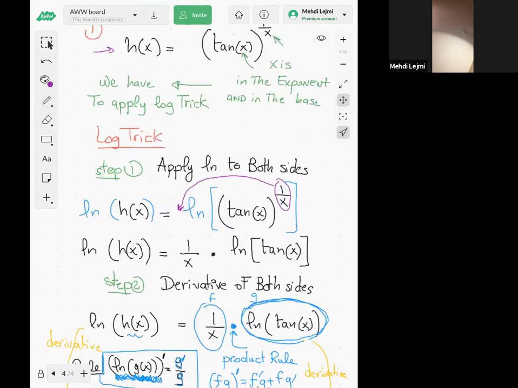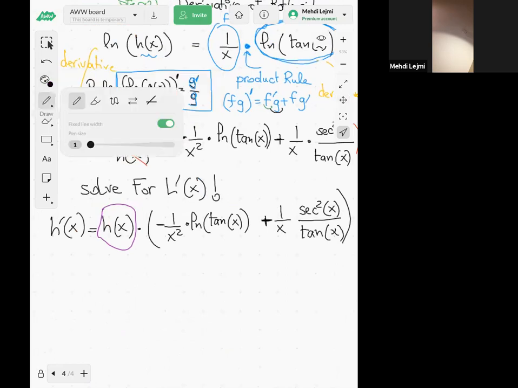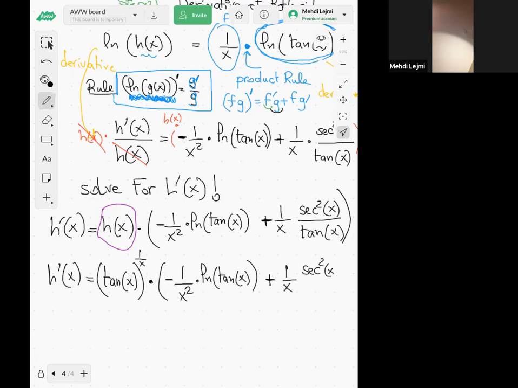So then my h prime of x is the tangent of x to the power 1 over x, that's my original function, times this whole thing here: minus 1 over x squared times the natural log of tangent, plus 1 over x times the secant square of x over tangent of x. Right? And that will be a fine answer.